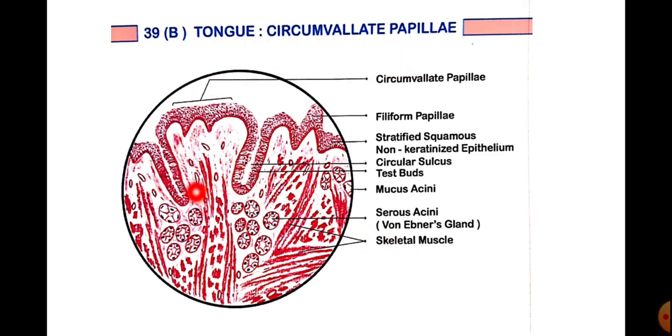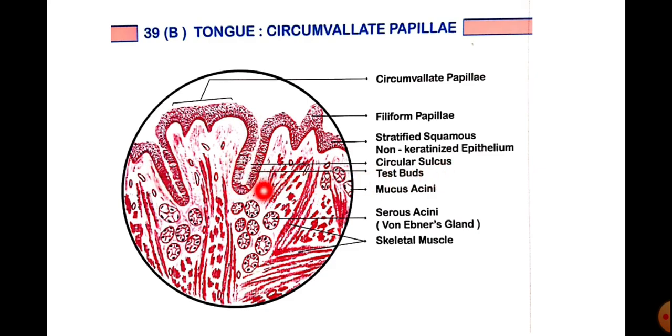circumvallate papilla. Here this is the circumvallate papilla. Okay, circumvallate papilla. It is lined by the stratified squamous non-keratinized epithelium. It is surrounded on the rest of the part by the circular sulcus. Here this is the circular sulcus.